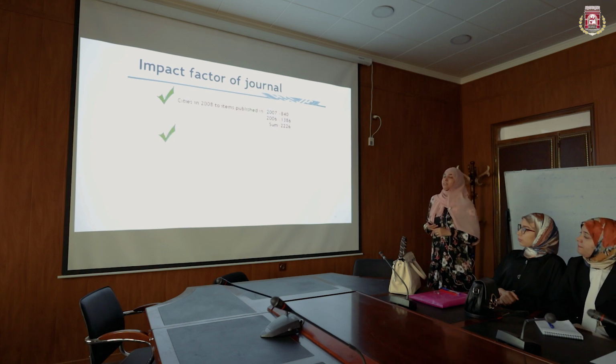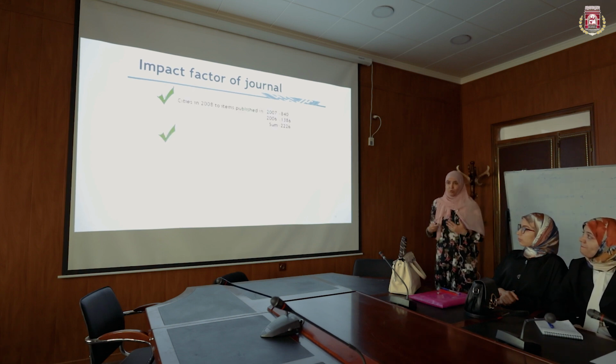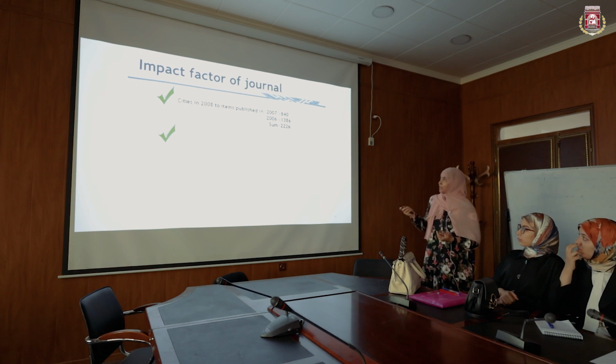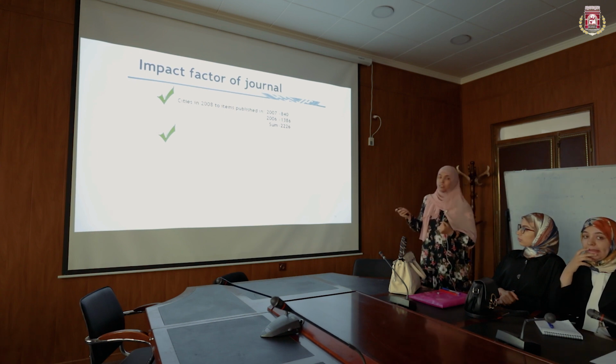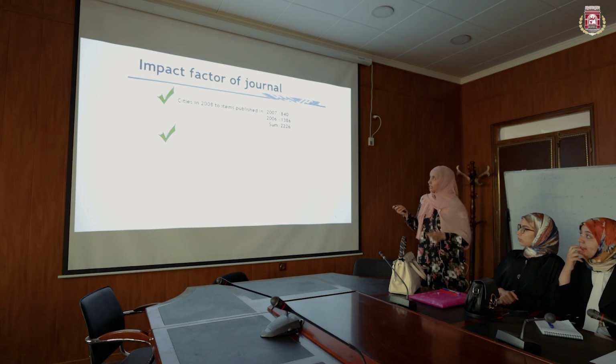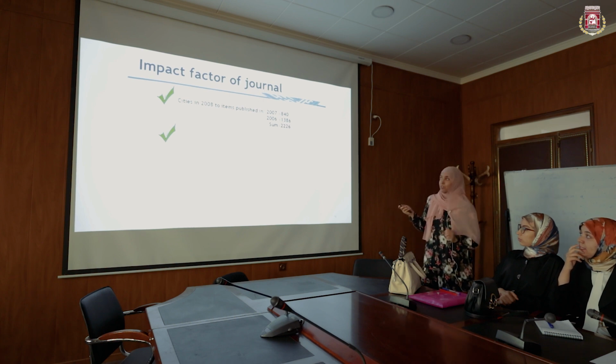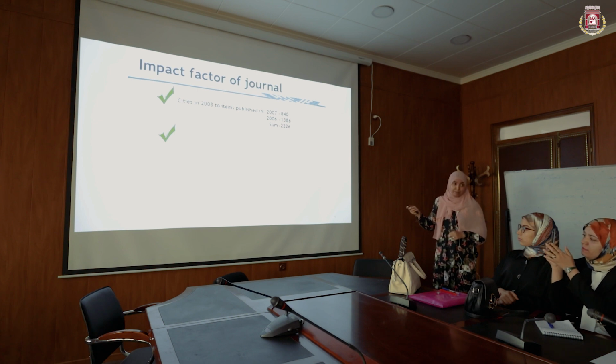So how can we know the impact factor? Or what does impact factor mean for a journal? For example, here we have citations in 2008 to items published in 2007 and 2006: 840, and 1,030, so we have this sum.